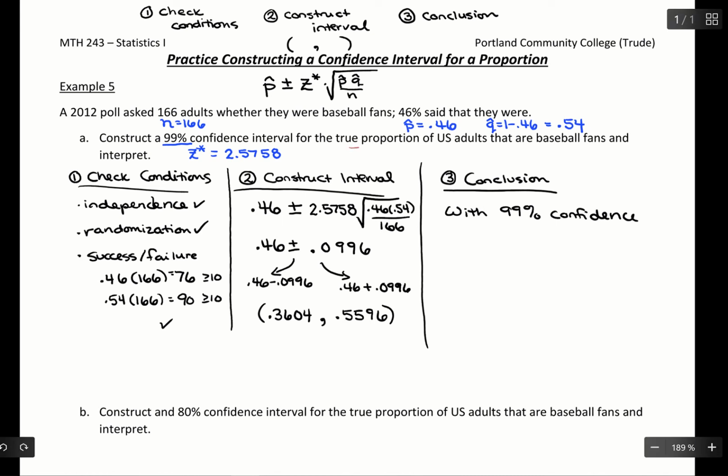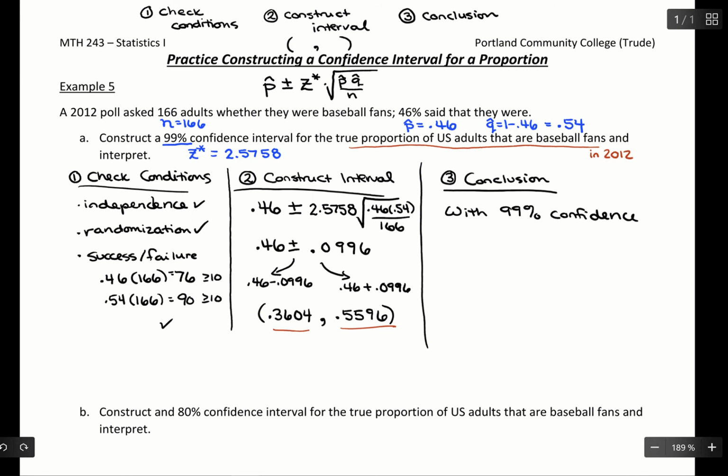In fact, the wording is in the question itself. Make the interval for true proportion of US adults that are baseball fans. And we should probably keep this in 2012 since that data is a little old there. But we want to talk about this proportion of all US adults and not just the 166 adults. So we have this wording for our population proportion, and this proportion for all those US adults is between this lower bound of 36.04% to 55.96%.